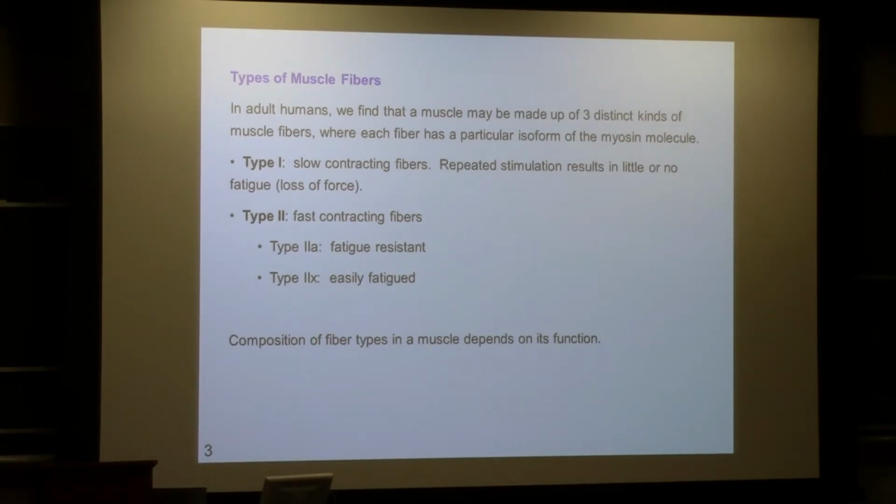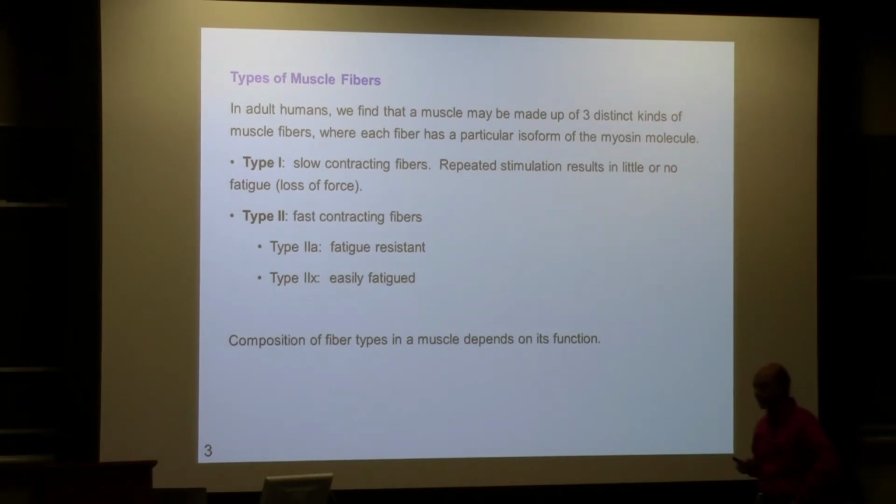What do you think? Well, the heart isn't connected to any skeletal part of the body, right? Which other muscle? What do you think? Diaphragm. So you never want to get tired of breathing, right?